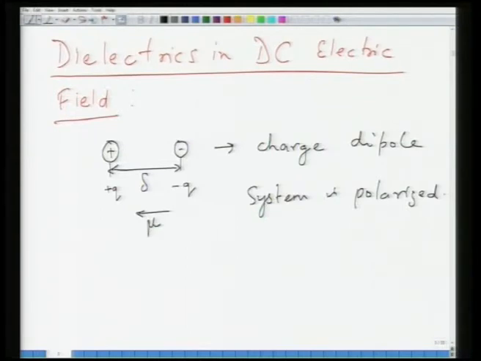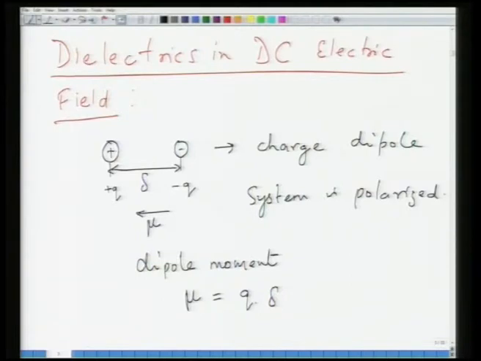So, an electric dipole or a charge dipole comprises two equal and opposite charges which are separated by a distance delta, and the resulting dipole moment is defined as mu. So, dipole moment mu is given as q dot delta, the product of the magnitude of charge with the distance.